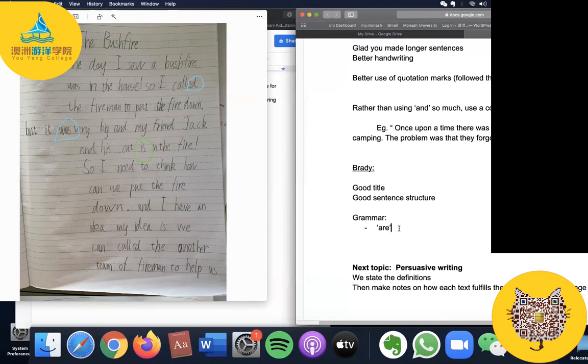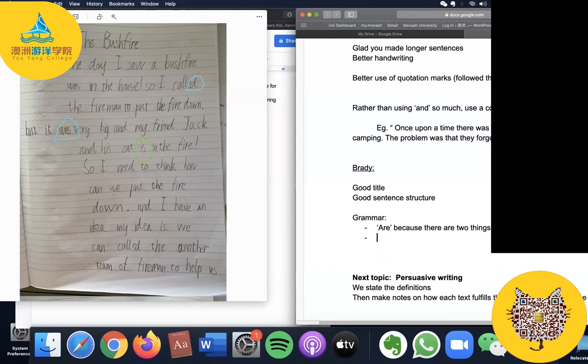Okay, let me ask Hans, because he's on the right track here. Why would it be are and not is? Because there's two things in it. Because there's two things, yeah. Two things. Yeah, because there are two things. When there's only one thing we use is, two things we use are.